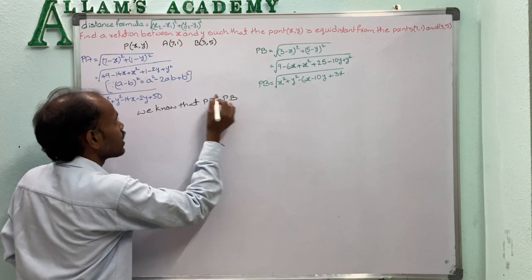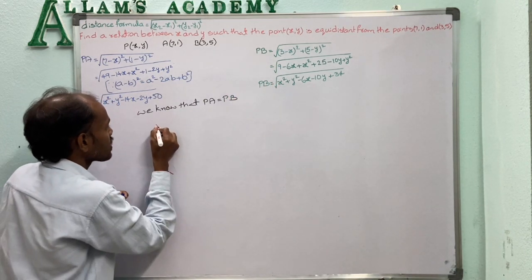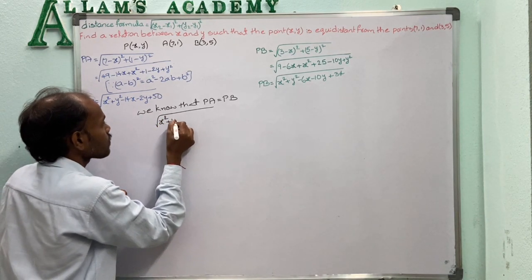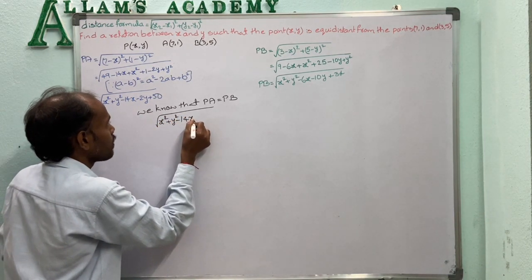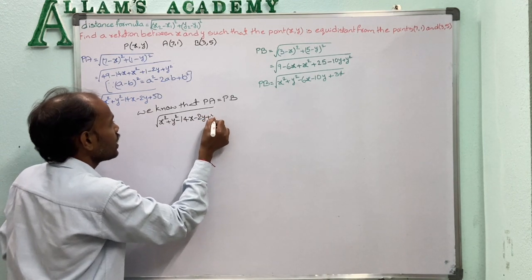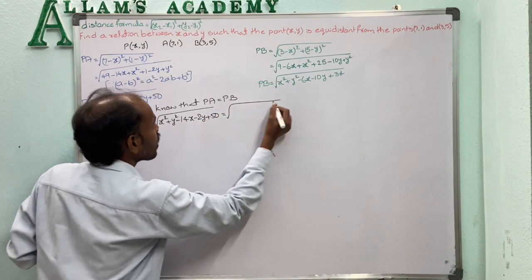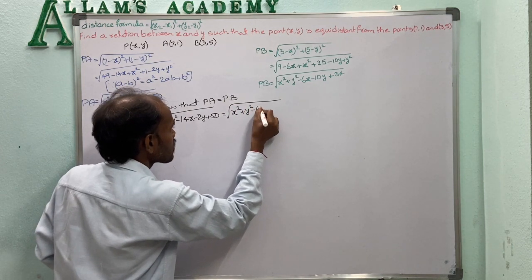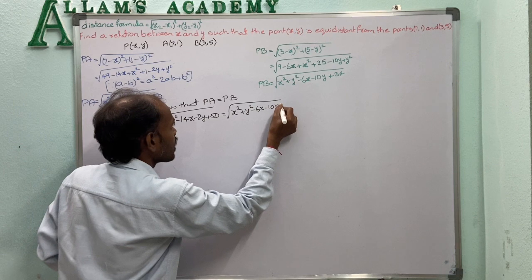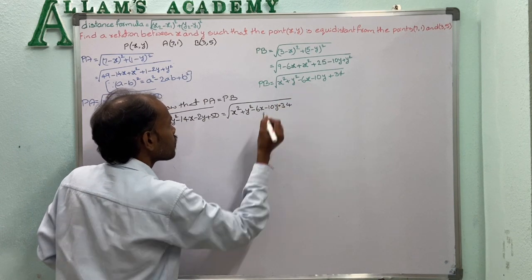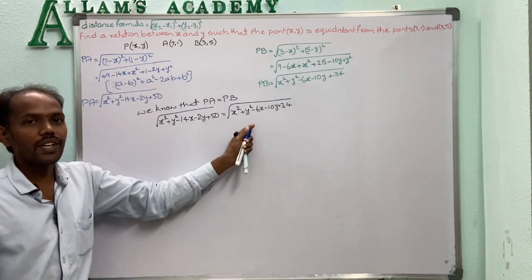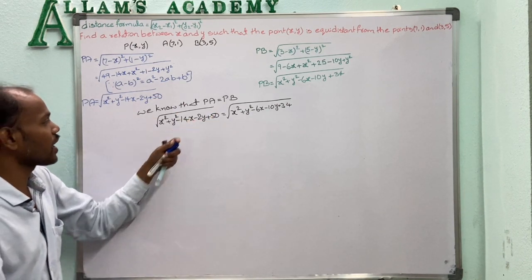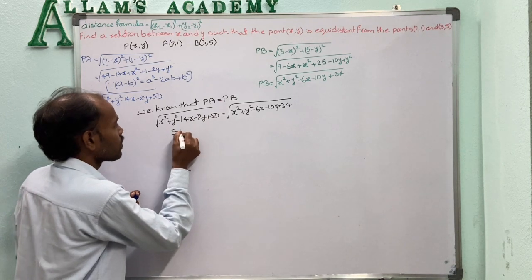Now equating both distances, that is under root x square plus y square minus 14x minus 2y plus 50 is equal to under root x square plus y square minus 6x minus 10y plus 34. To get the relation between x and y, the square roots must cancel. So squaring on both sides, the square root will be cancelled.